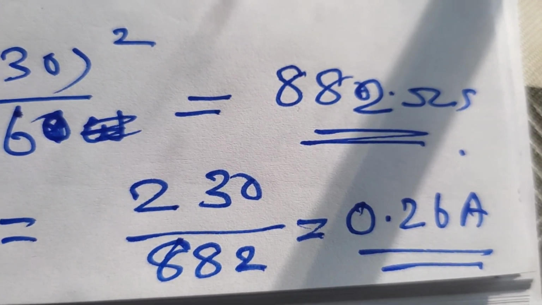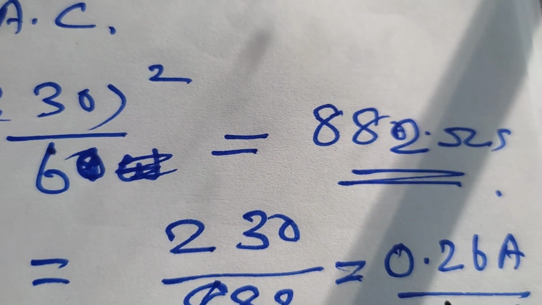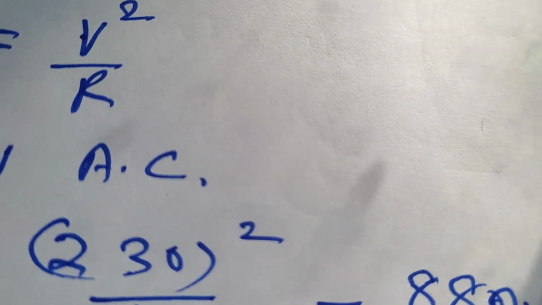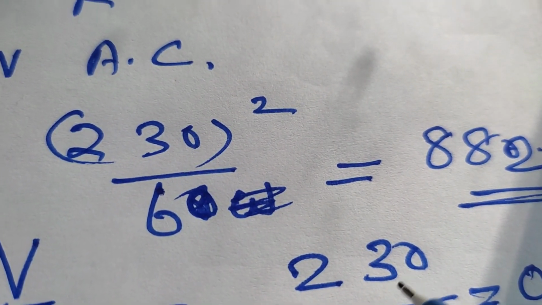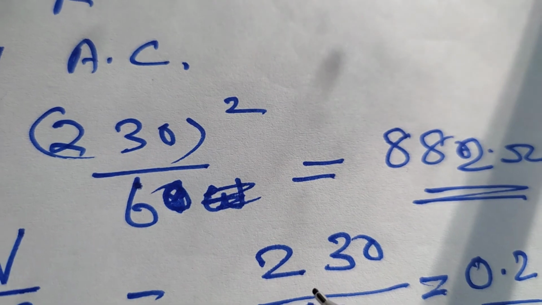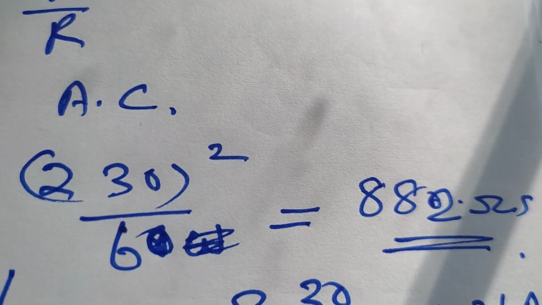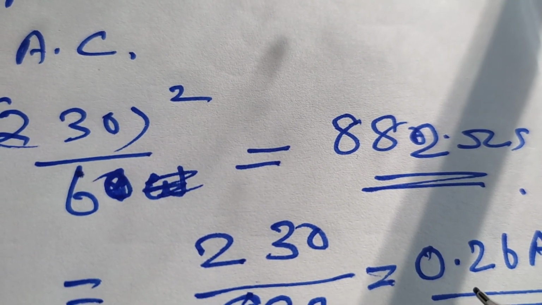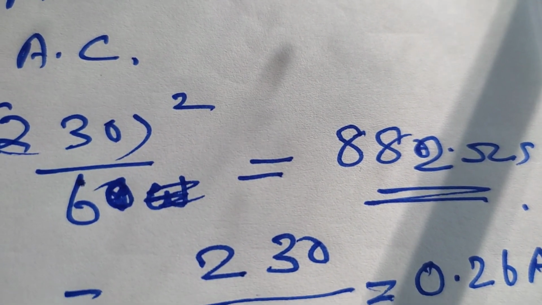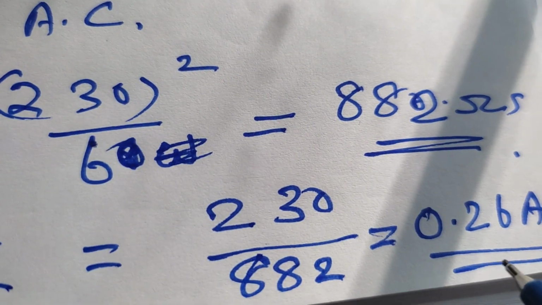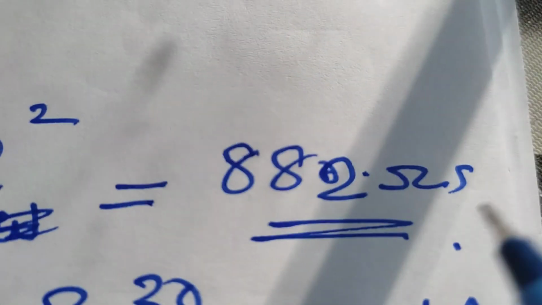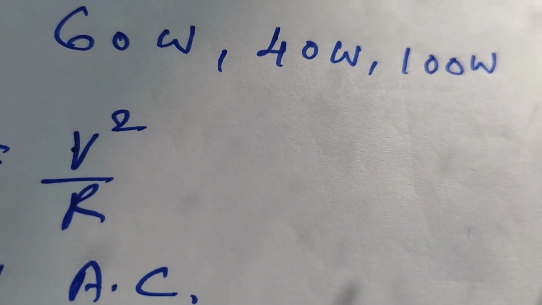It means that if you apply 230 volt to a 60 watt bulb, the current taken by the lamp is 0.26 ampere and its resistance is 882 ohms.